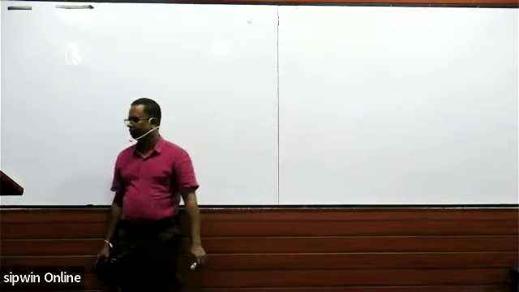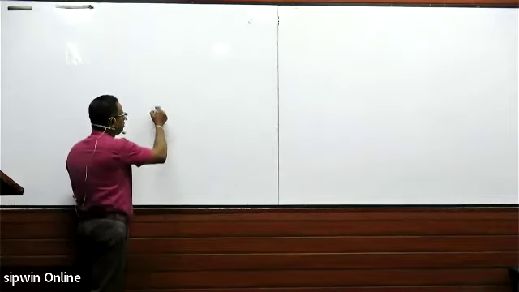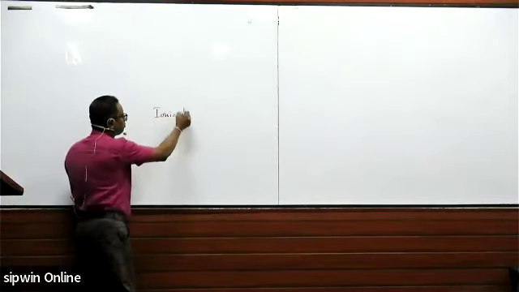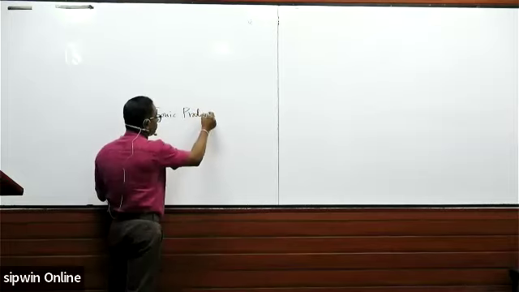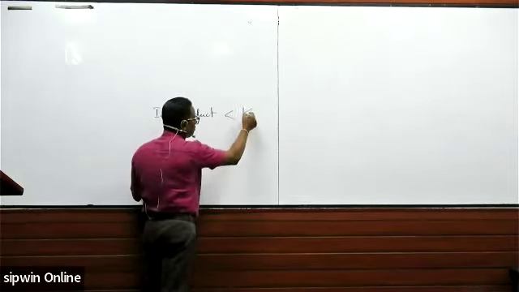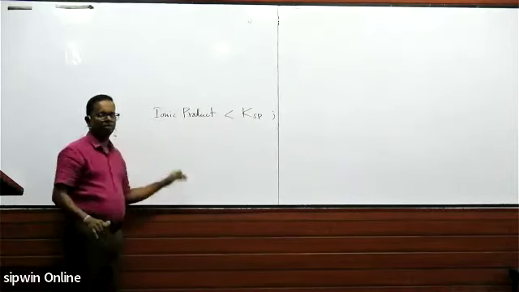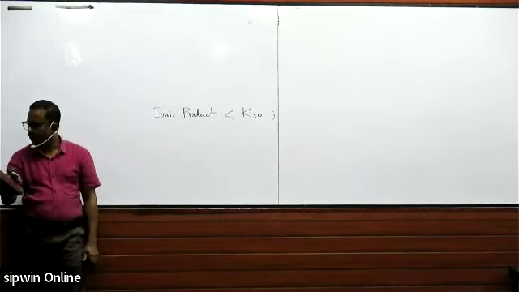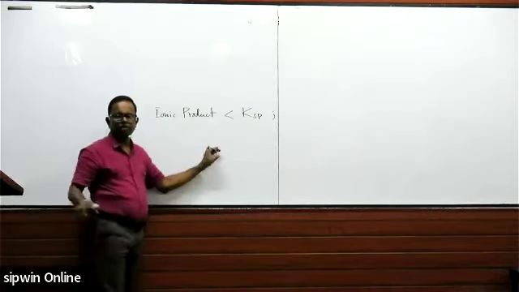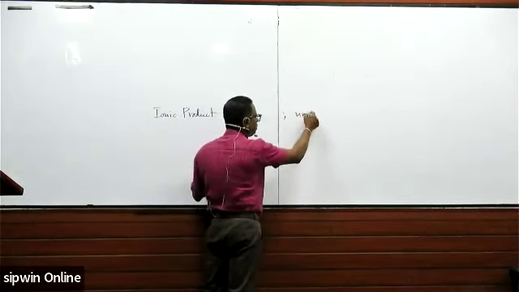Okay. Ionic product less than Ksp: unsaturated solution.